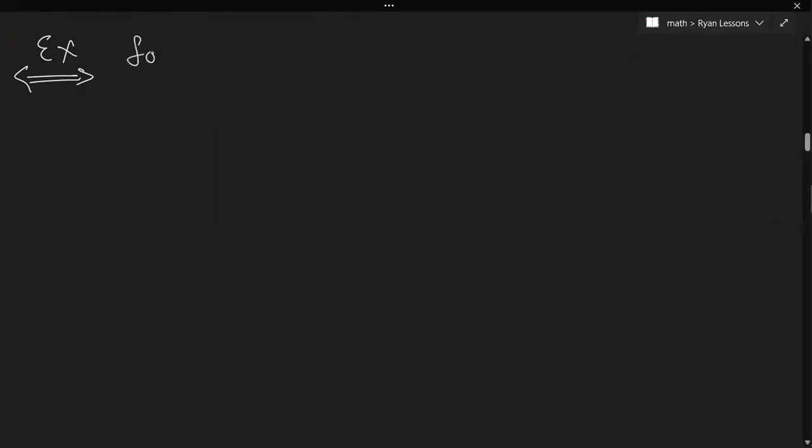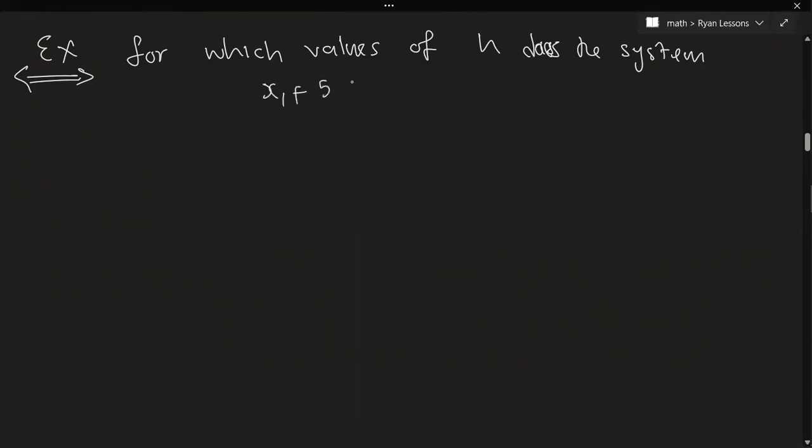So they say, for which values of h does the system, so let's put down the system: x1 plus 5x2 minus 3x3 equals minus 4, then minus x1 minus 4x2 plus x3 equals 3.